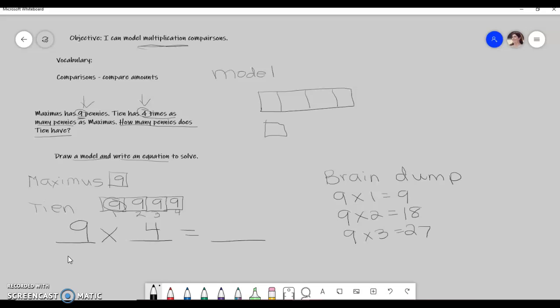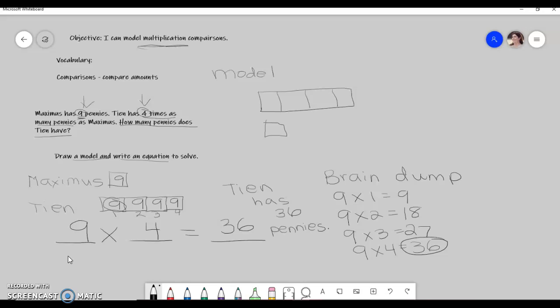Yes, 27. And 9 times 4 equals? Yes, 36. So we know that 9 times 4 is 36. So how many pennies does Tien have? Tien has 36 pennies.